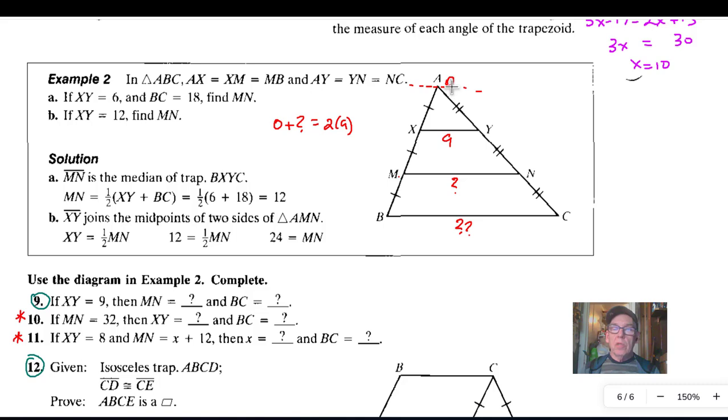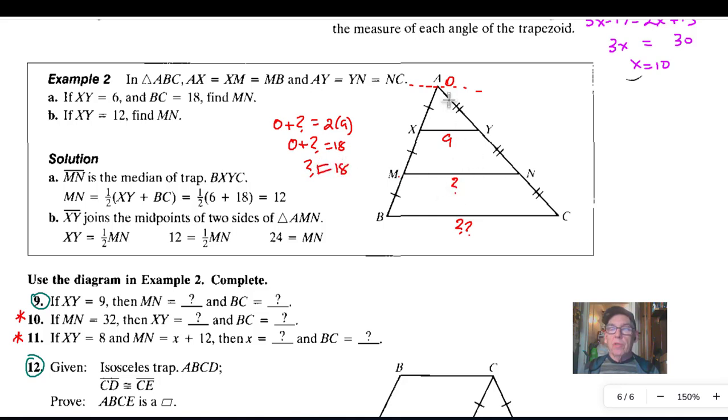Twice the midsegment is the sum of the two bases. One of the bases happens to have a length of 0. The other one we don't know, which we have as a question mark. So 0 plus question mark equals 18. Question mark must be 18.